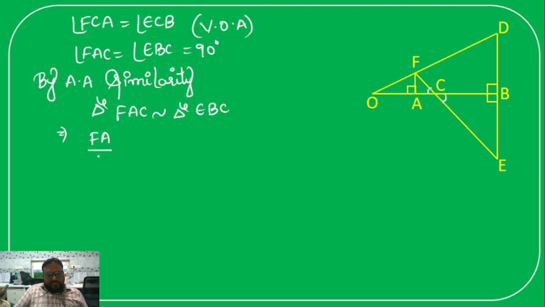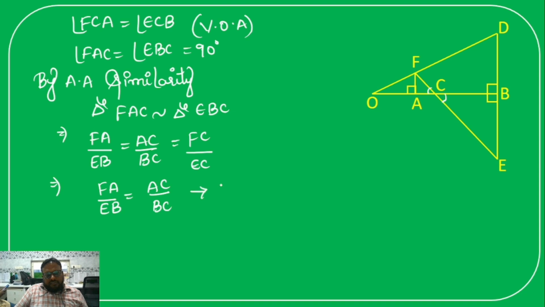So I will write FA by EB is equal to AC by BC is equal to FC by EC. I will consider only FA by EB is equal to AC by BC. Now this is our second equation.